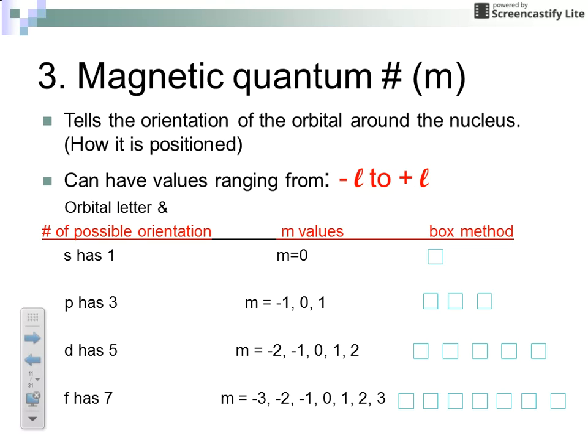The third quantum number is called the magnetic quantum number. It's given the symbol or letter M for magnetic. I remember M because magnetic starts with an M. What this quantum number tells us is how the electron cloud or how the orbital is oriented in space, how it's positioned in 3-dimensional space.